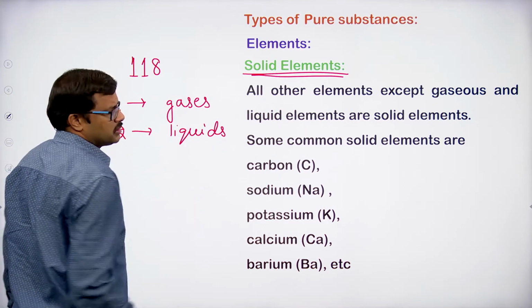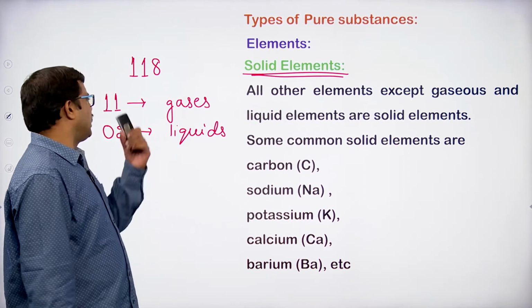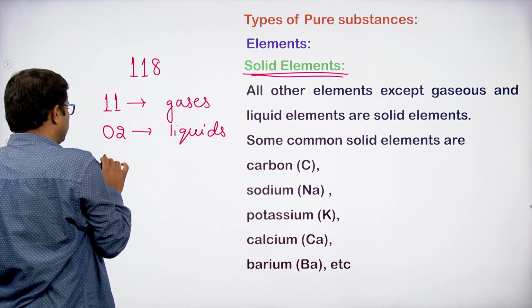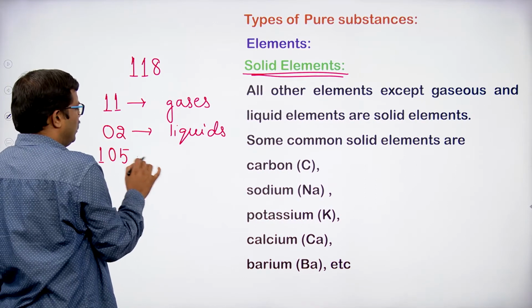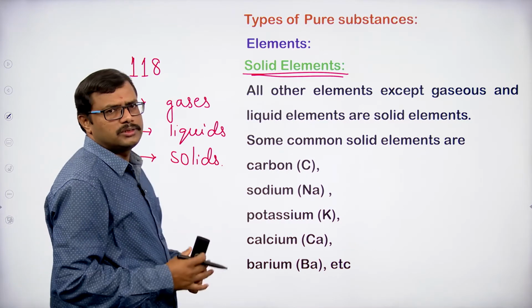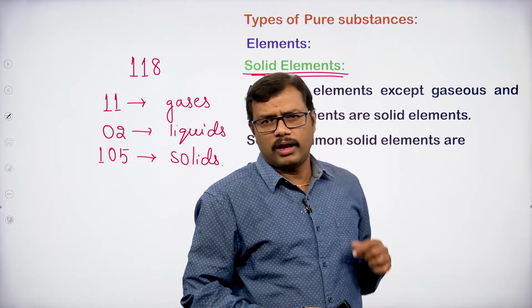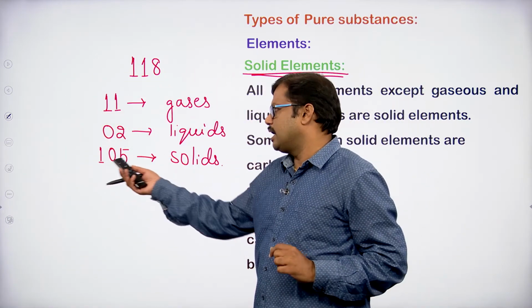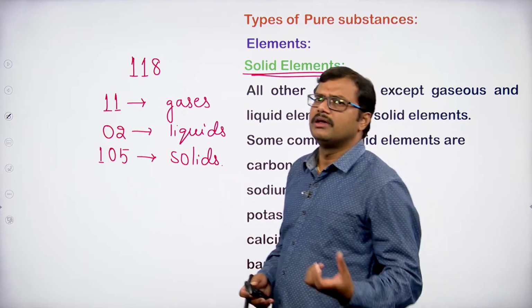So what are the remaining ones? Remove 13 from 118, so 105 elements are solids.